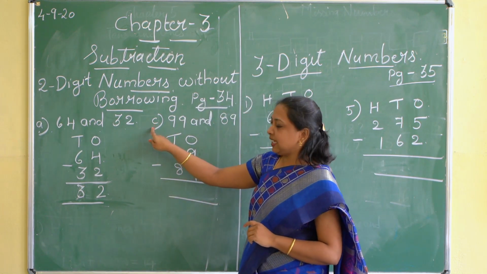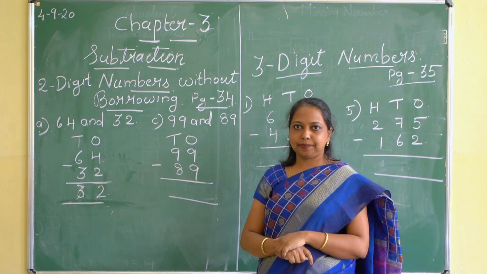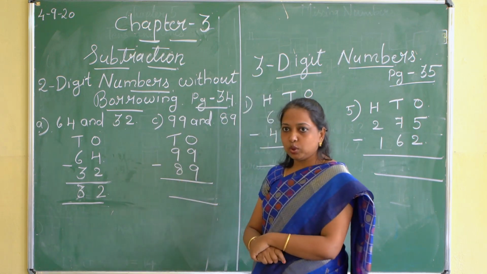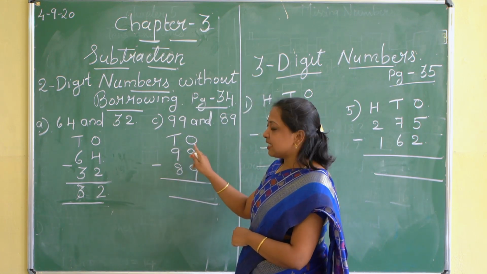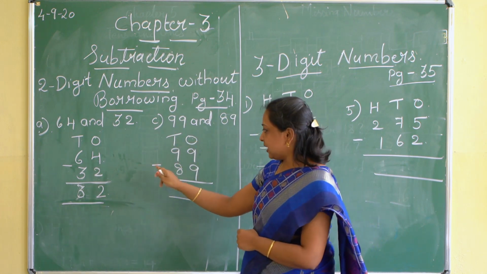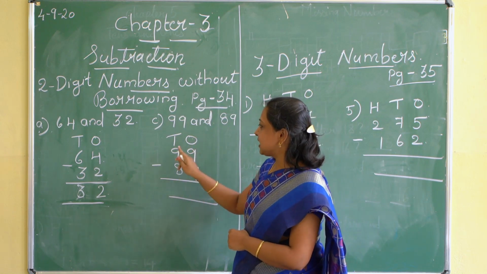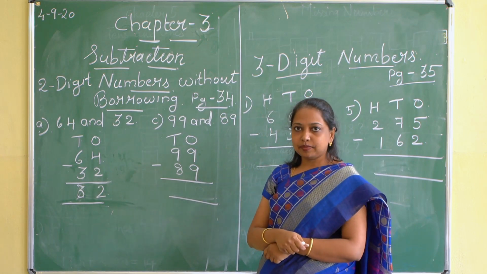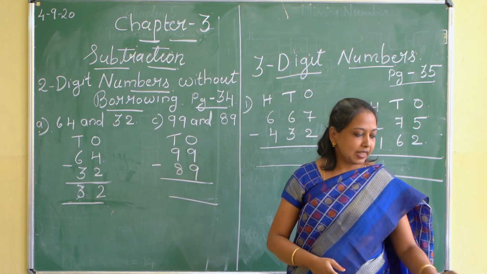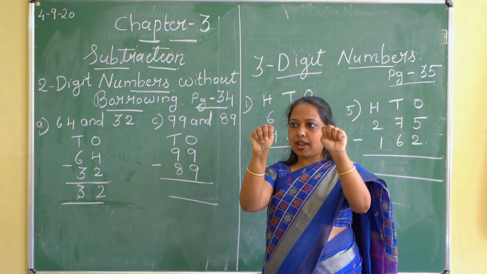Let's solve C. 99 and 89. First of all, arrange according to the place value. In 99, 9 is in 1's place and this 9 is in 10's place. Minus, in 89, 9 is in 1's place and this 8 is in 10's place. We start from 1's place. 9, take 9 fingers and fold 9.